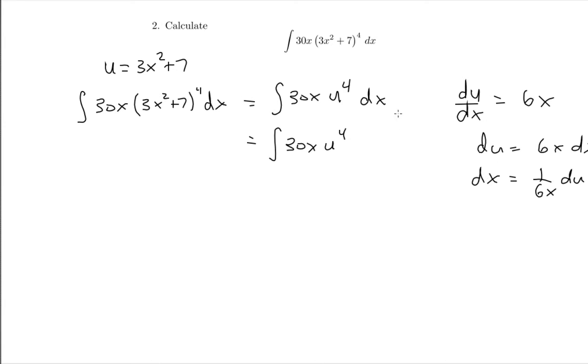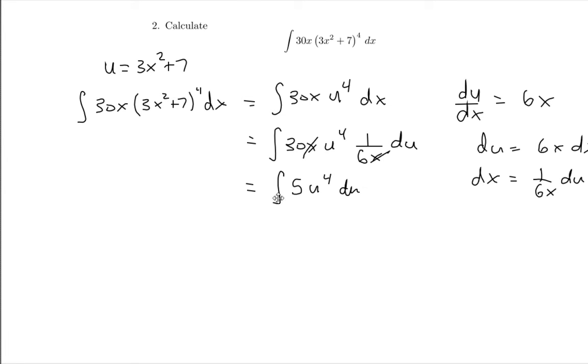And now I can replace this dx by 1 over 6x du. So now I have 30x u to the power of 4, multiplying this fraction, 1 over 6x times du. And of course I can cancel this x out with this. And 30 divided by 6 is 5, so this simplifies to 5u to the power of 4 du.